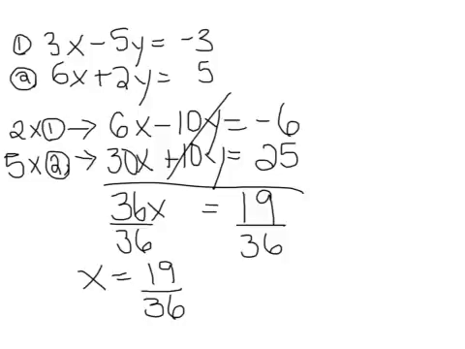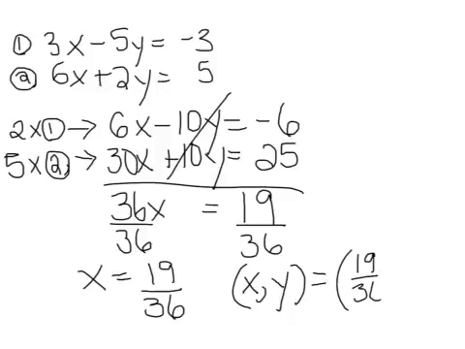And when I go to fully report the answer, I want to give it as an xy ordered pair. I know now that x is 19 over 36, and from our previous work, we know that y is equal to 11 over 12.